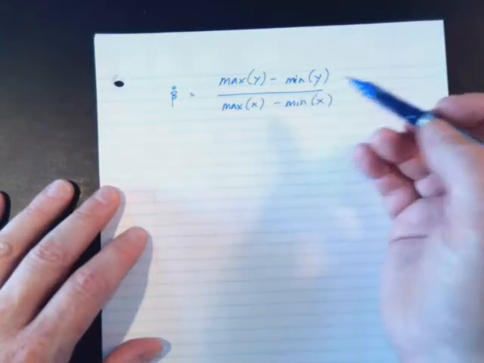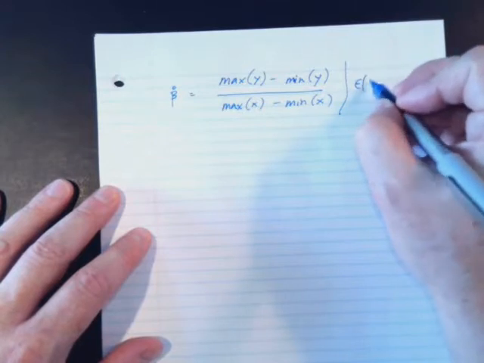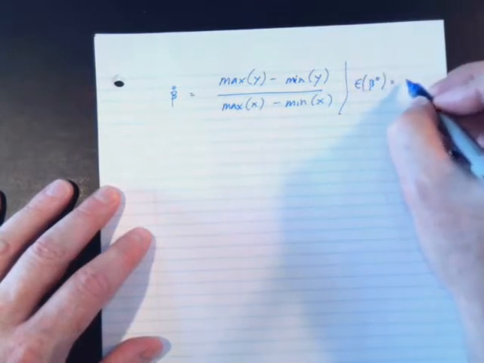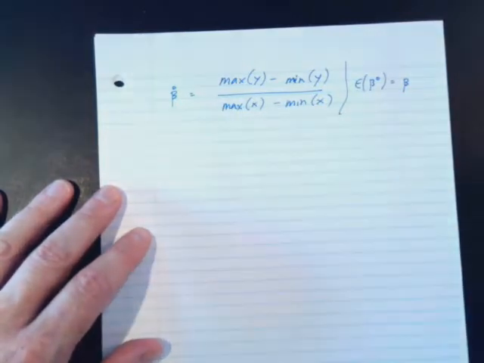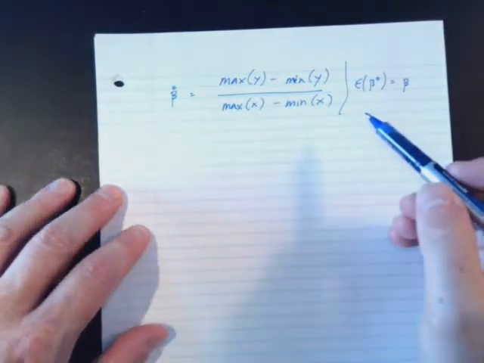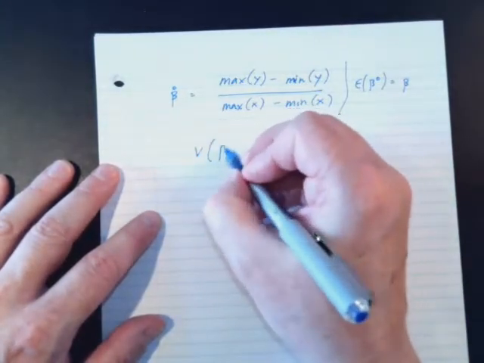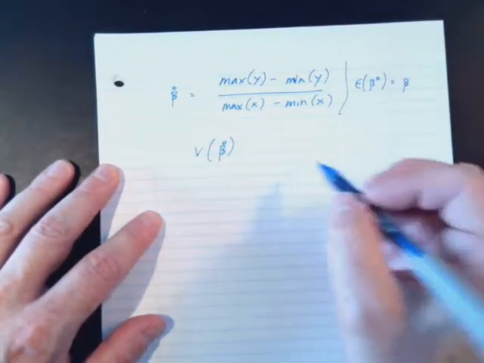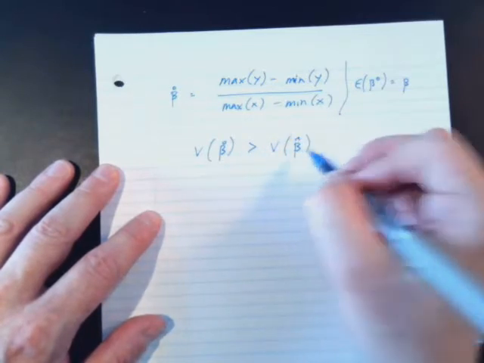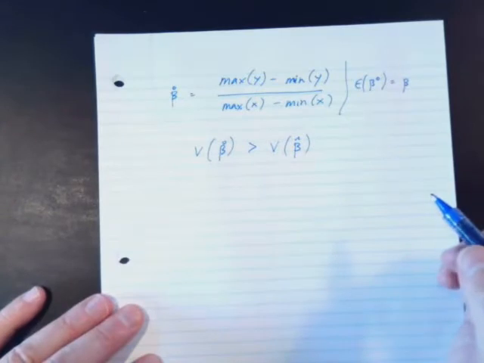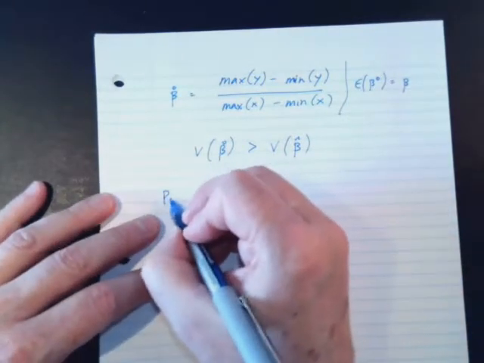It turns out this is also unbiased. I'm not going to go through the steps, but that would also be an unbiased estimator. However, it's also going to be the case that the variance of this estimator is greater than the variance of the least squares estimator, beta hat. And this leads us to the fourth property.